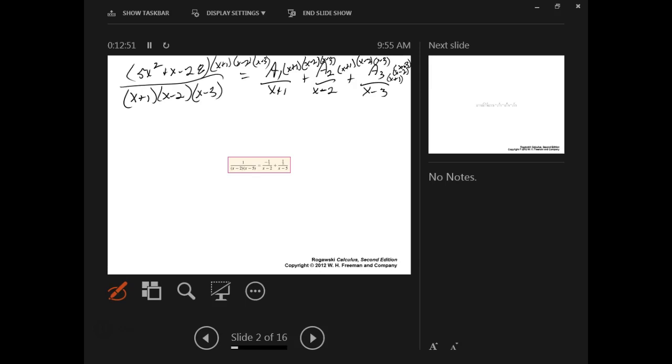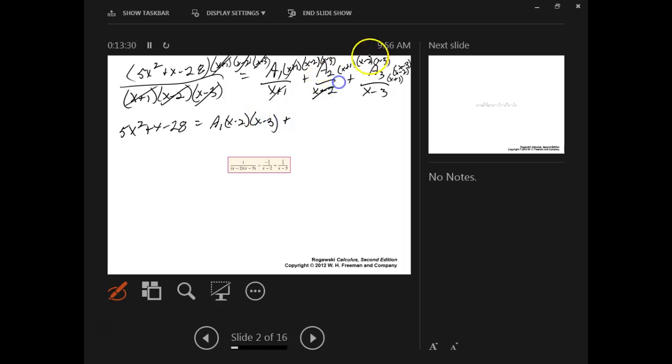Now, notice on the left-hand side, that one goes out, this one goes out, and that one goes out. So that leaves us with 5x squared plus x minus 28. Nice, beautiful number there. Equal to, well, what happens over here? The x plus 1's go out, so that leaves us A1 times x minus 2 times x minus 3.